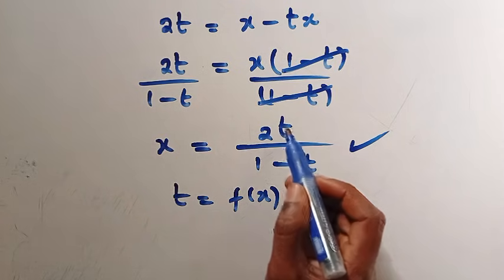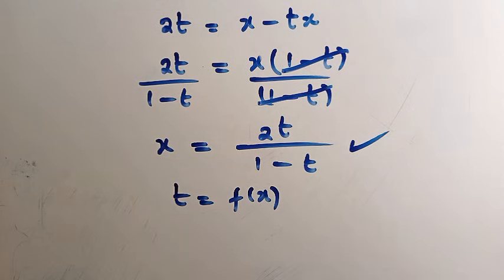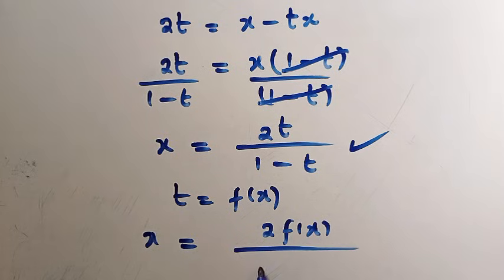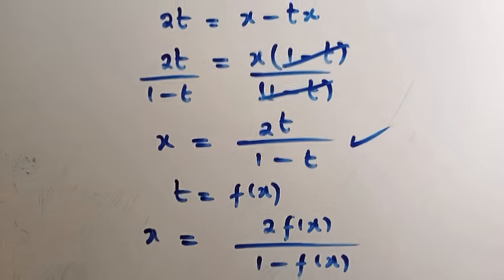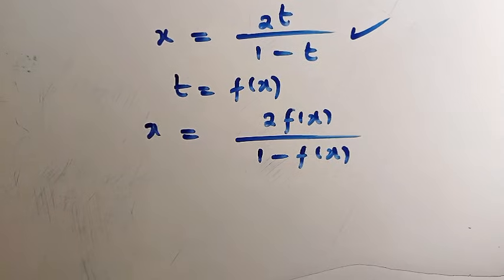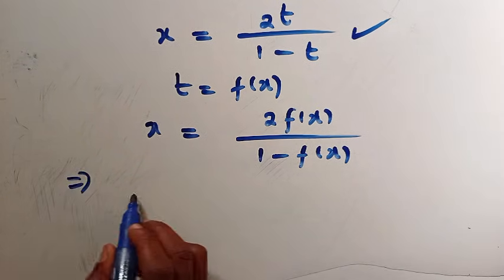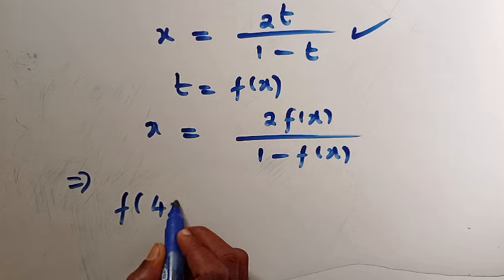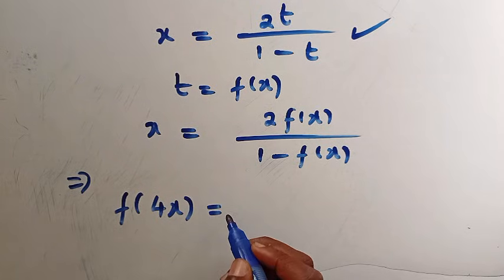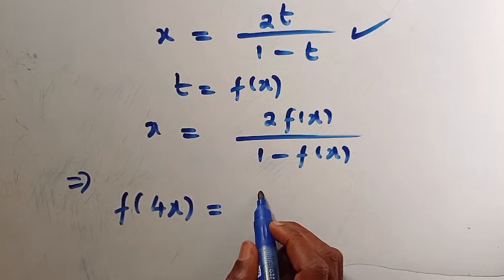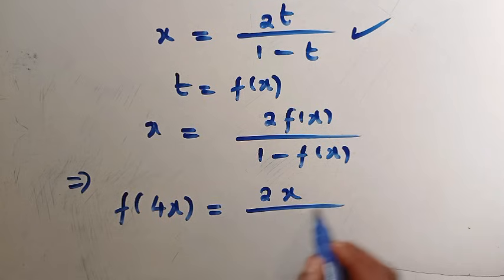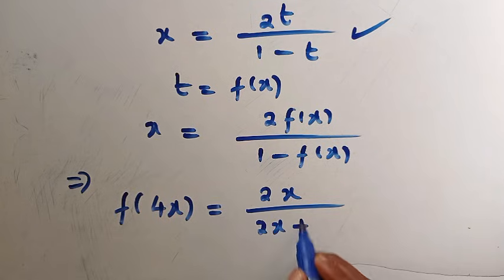So replacing t with f(x), we have x equals 2 multiplied by f(x) divided by 1 minus f(x). Then, if we come back to where we made f(4x) the subject, recalling we have f(4x) equals 2x divided by 2x plus 1.